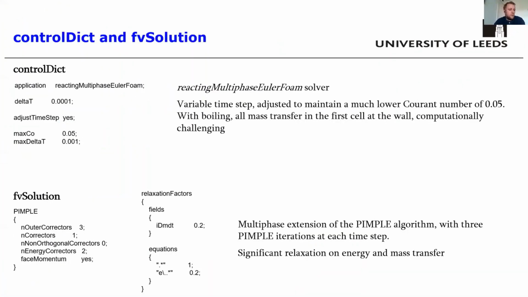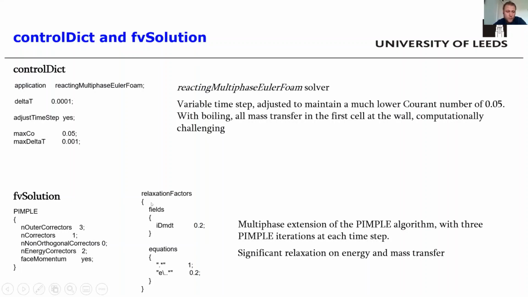And in the solvers, more or less the settings are not that much different from before. The thing to say is that this model runs at a very low Courant number. You see that here the maximum Courant number allowed is 0.05, which is quite low. This is because all the mass transfer related to boiling happens in the first near-wall cell, and that really makes the numerics quite challenging.